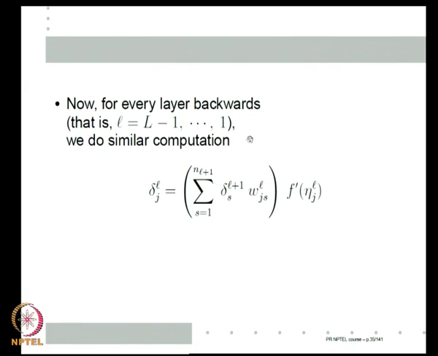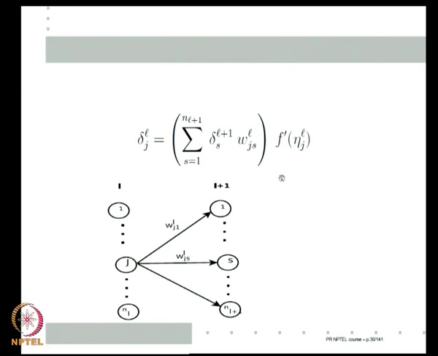What do I do for the remaining layers? Same thing: delta j L is written as a linear combination of errors of nodes in layer L plus 1. Once again, if little L plus 1 is this layer, I take the error at this node, that is delta 1 L plus 1, multiply with W j 1 L, this weight, then I take delta s L plus 1 and multiply by W j s L and so on, add all of them up, that gives me this term, and multiply by f prime of this node.